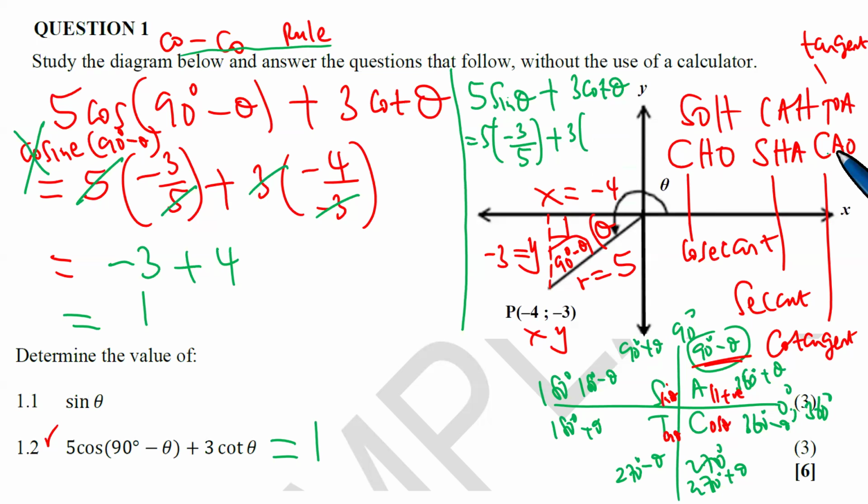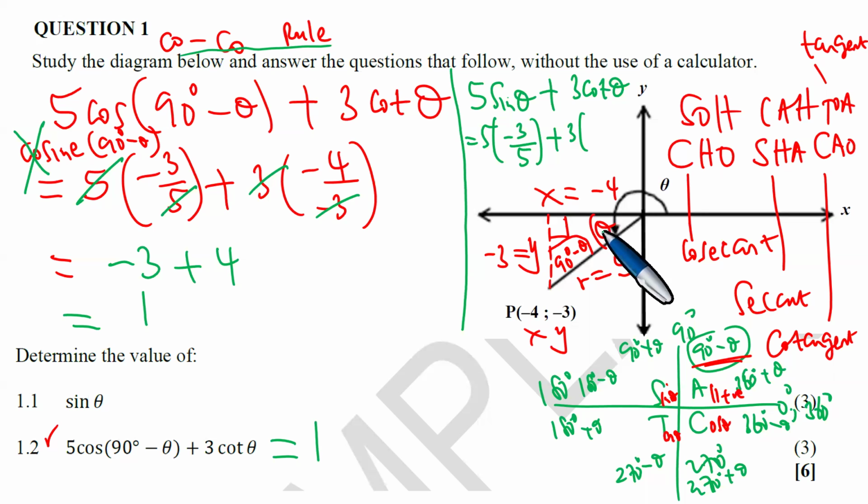What is the cotangent? Cotangent is adjacent over opposite. The cotangent sits below the tangent function. So take note of the fact that the cotangent is adjacent over opposite.